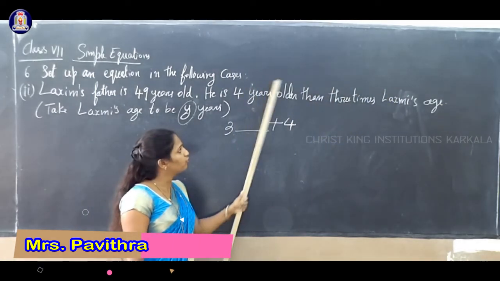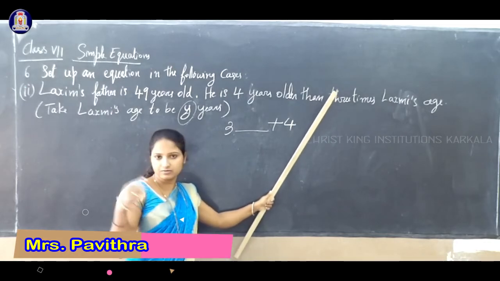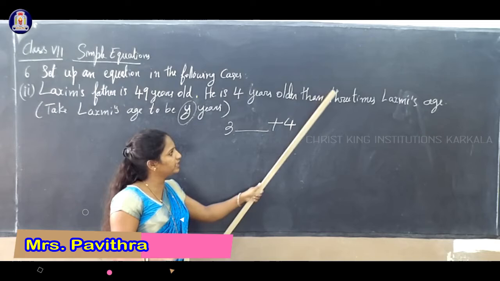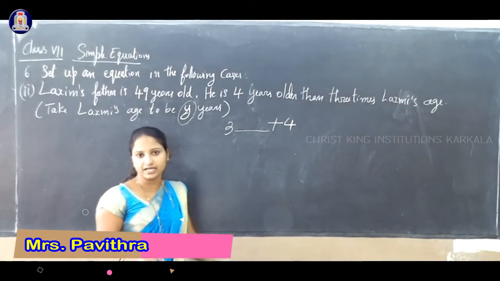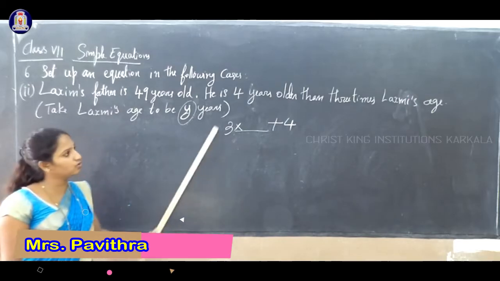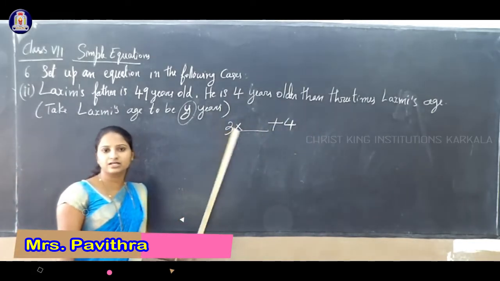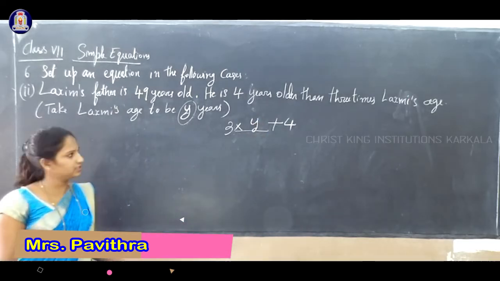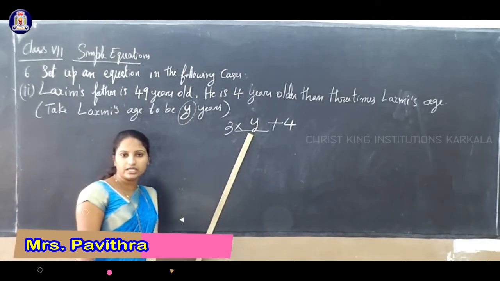Older means you write plus 4. 3 times means we write 3 into Lakshmi's age, and we consider Lakshmi's age to be Y.